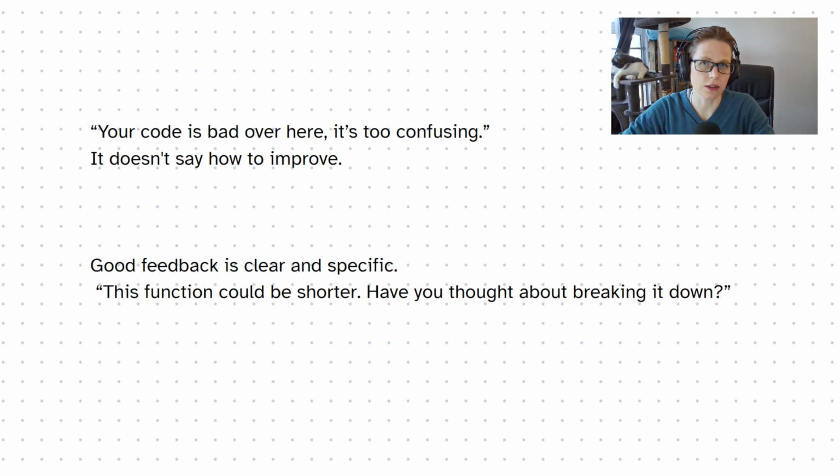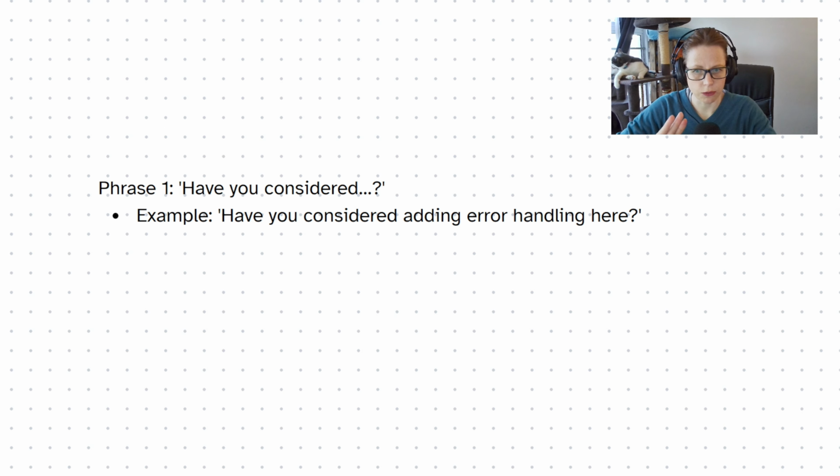When giving constructive feedback, questions are a fantastic way to help the other person see the problems that they have made. Let's go into this in a little bit more detail. We're going to look at three specific phrases, and these three phrases will hopefully help you give feedback more clearly.